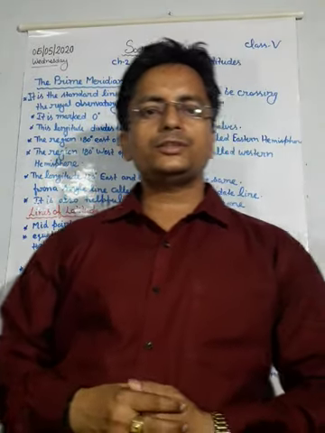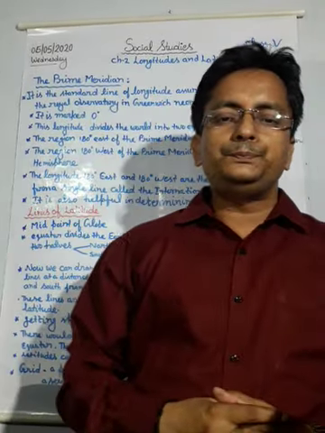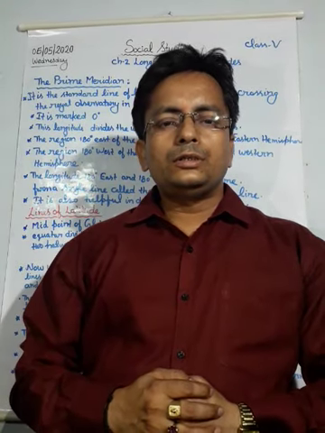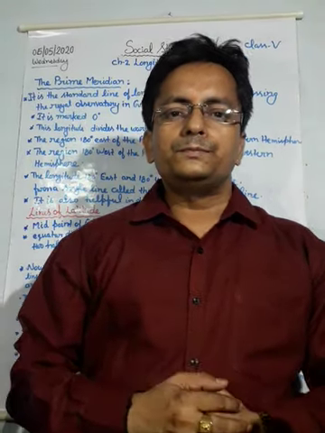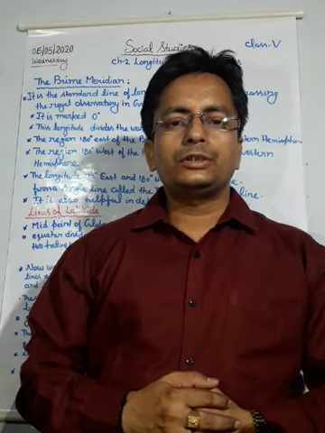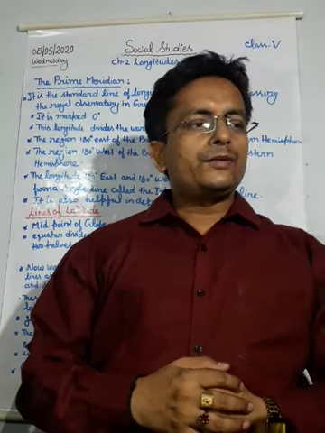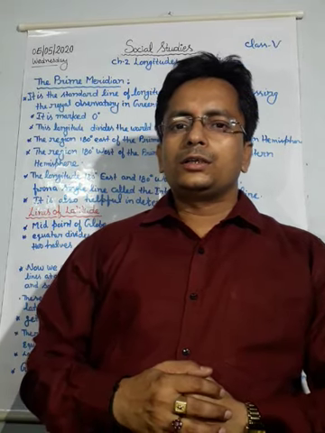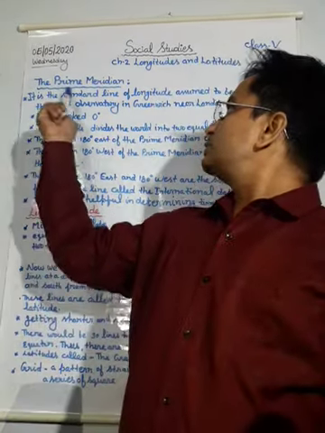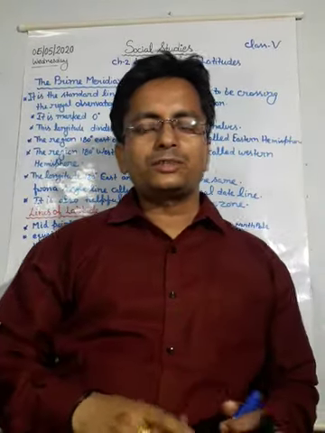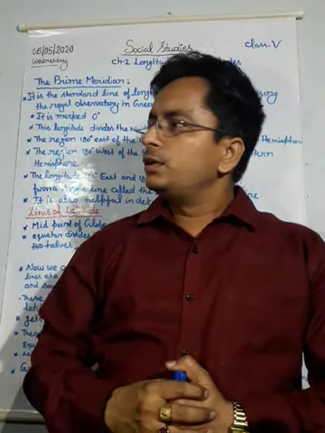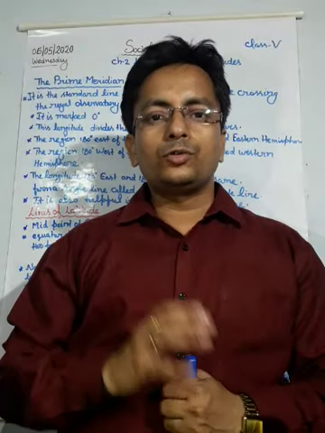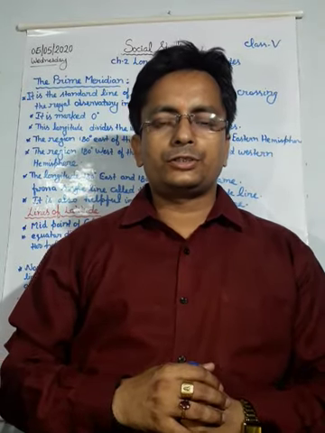Yes my dear students, the prime meridian is known by another name, that is the Greenwich line. Greenwich line, why? The observatory where the prime meridian is observed is located in Greenwich.